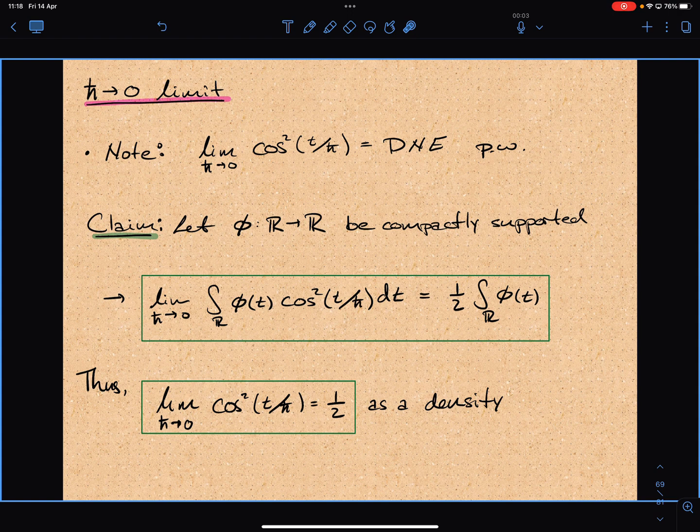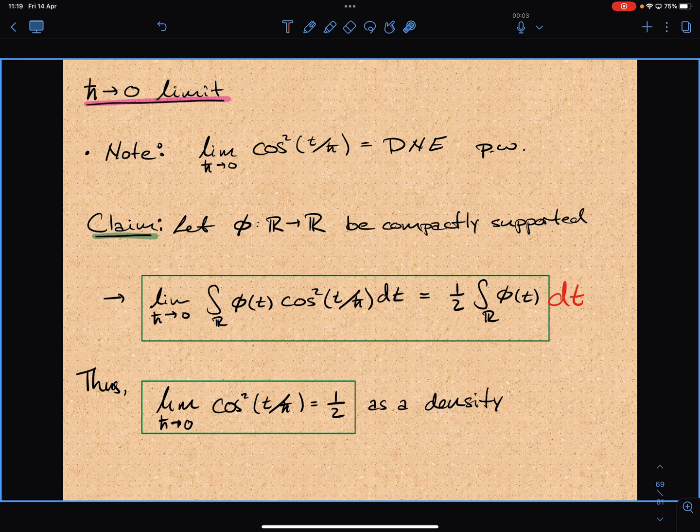Then if I multiply phi times this cosine squared function, the limit as h bar goes to 0 is going to be 1/2 of the integral dt. So effectively, when we're taking this cosine inside an integral, it acts as a 1/2, the average value of the cosine. So in the limit you can replace it with 1/2.